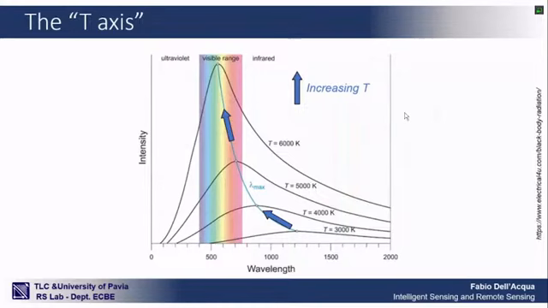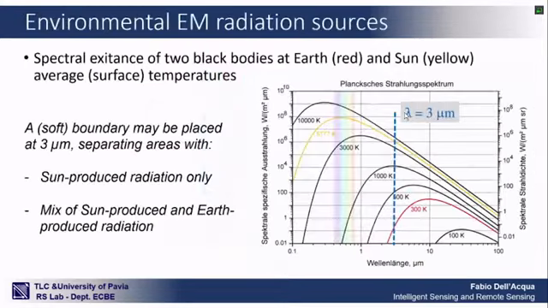In this graph I placed a curve related to the average temperature of the Earth's surface, but this curve actually moves with the actual temperature of the area that you are observing. And since the temperature changes and the emission changes, if you measure the emission, not the reflection, you can relate it to the temperature. This is the so-called thermal remote sensing.